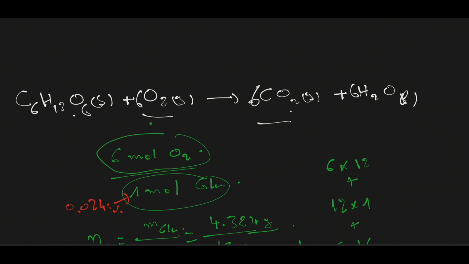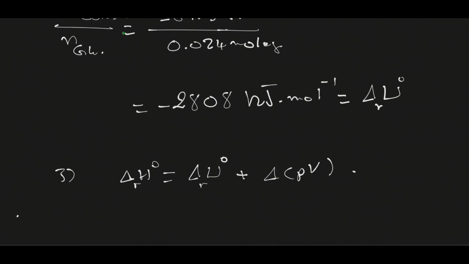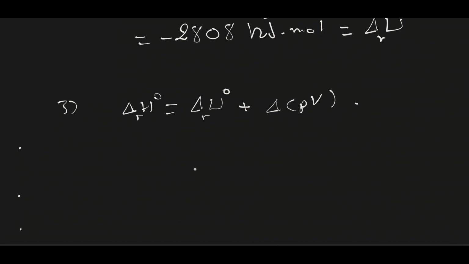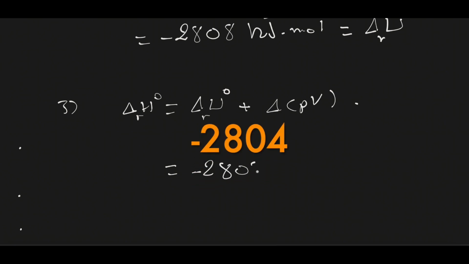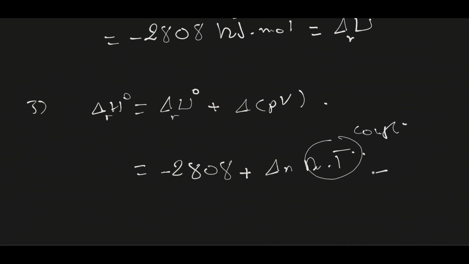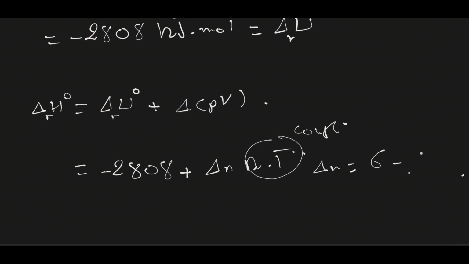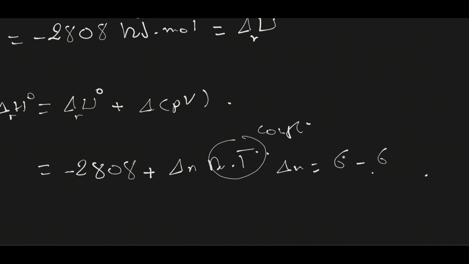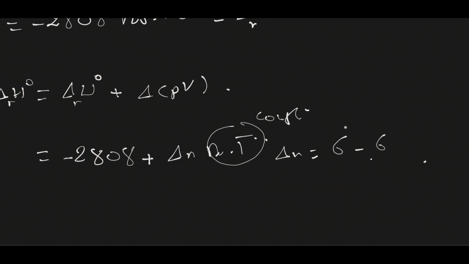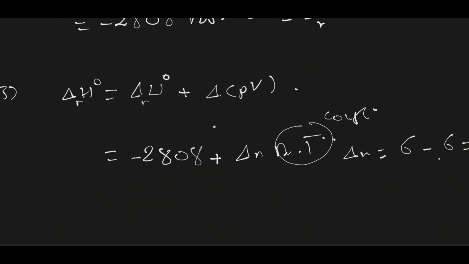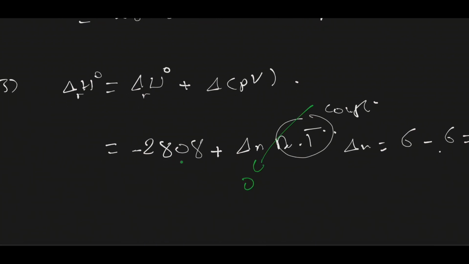Here we have a liquid and a solid. So we replace delta U by its value plus delta N R T. R and T are constant. And delta N is equal to 6 moles of CO2 minus 6 moles of oxygen, which gives 0. Therefore, all this is 0.